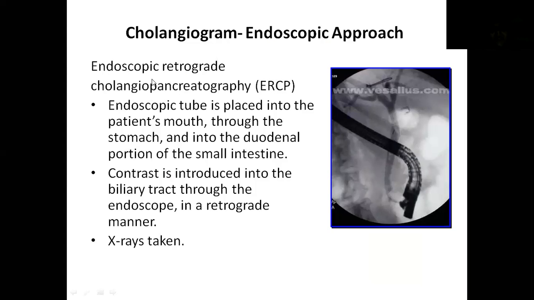From the duodenum, it is now allowed to enter into the common bile duct and pancreatic duct. So you are able to see the interior of the common bile duct and also the pancreatic duct through this tube. Cholangio means related to the bile ducts. Pancreatico means the common pancreatic duct, graphy. Endoscopic retrograde cholangiopancreaticography.